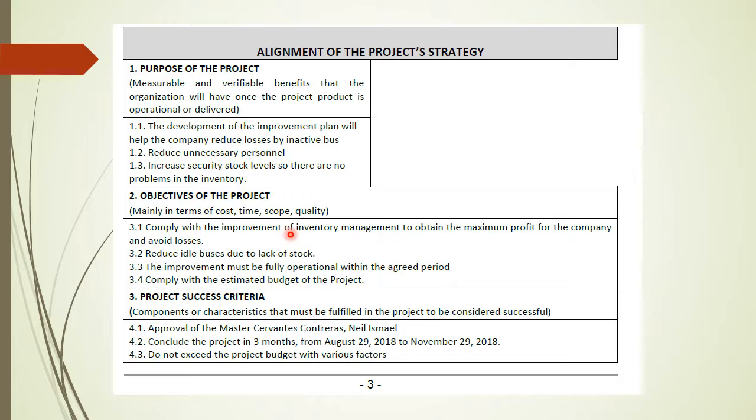They don't know anything about it. And I think this investigation shows that they are working in the wrong way. So an objective is to improve inventory management to obtain the maximum profit for the company and also avoid losses. Because right now we are losing a lot, but we are trying not to lose that much, so we can reduce this.